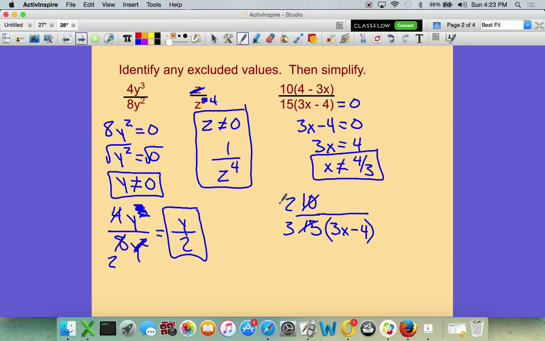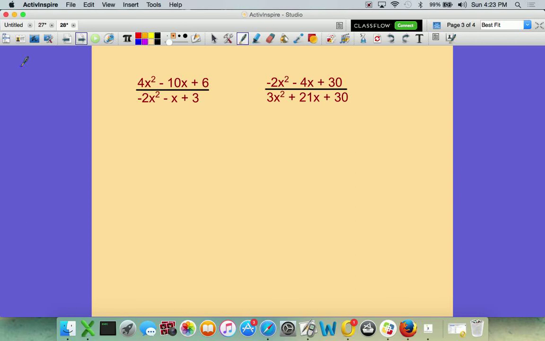If I factored a -1 out of this top one here, it would turn into -4 plus 3x, which is exactly the same as 3x minus 4. So that would simplify with that. This thing would simplify all the way down to -2 thirds, but once again, as long as x doesn't equal 4 thirds.